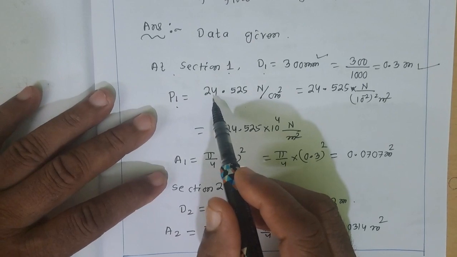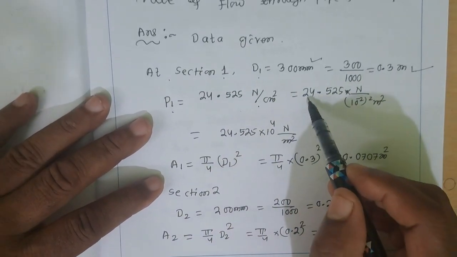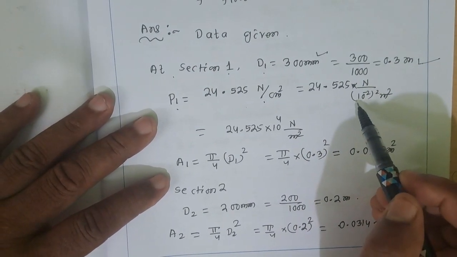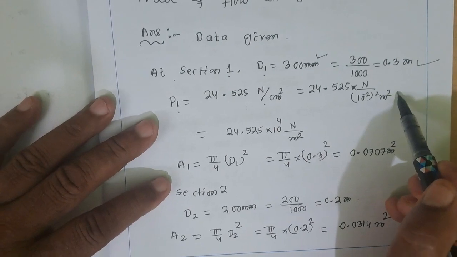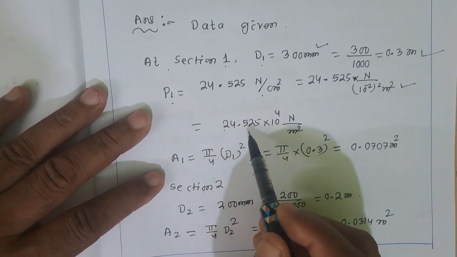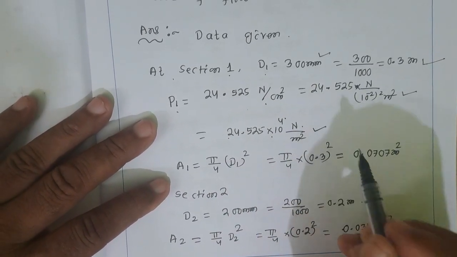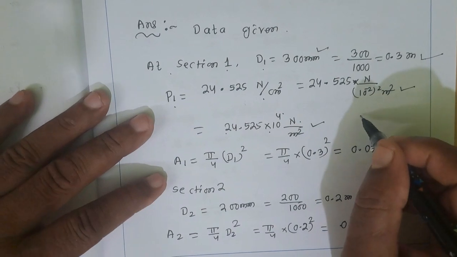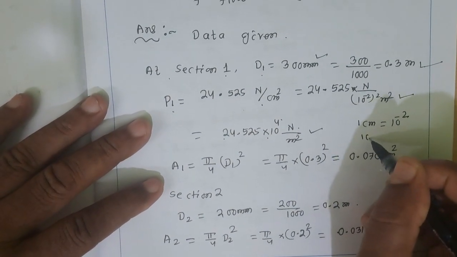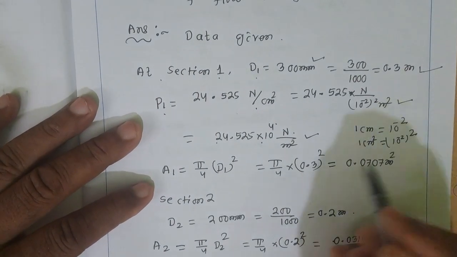P1 is equal to 24.525 Newton per centimeter square is equal to 24.525 into Newton divided by 10 to the minus 2 square, that is meter square, is equal to 24.525 into 10 to the 4 Newton per meter square. You should always remember that 1 centimeter is equal to 10 to the minus 2. 1 centimeter square is equal to 10 to the minus 2 square.